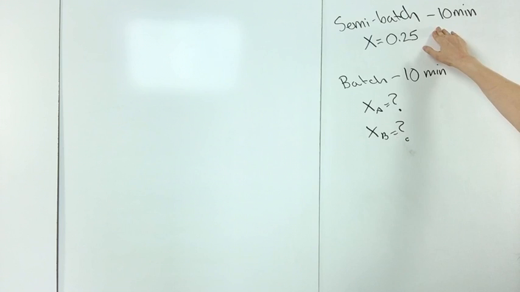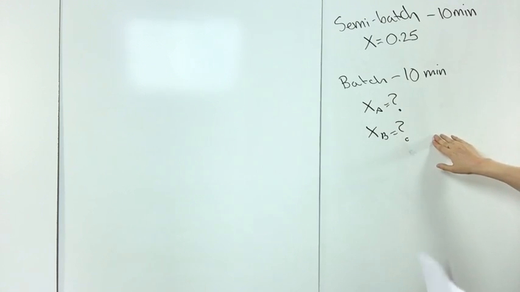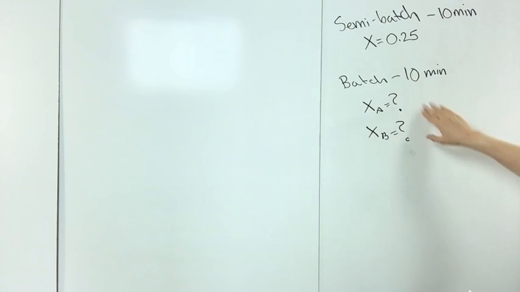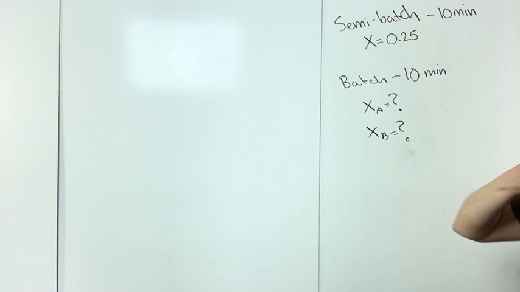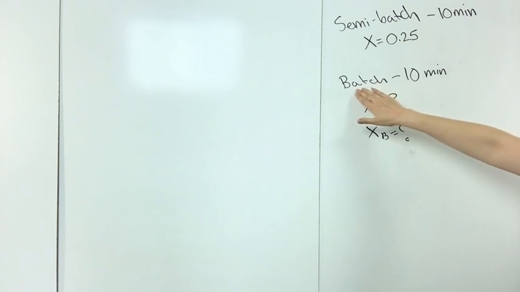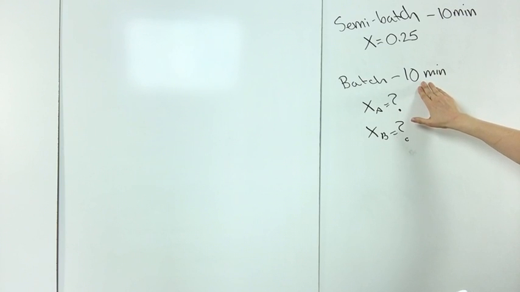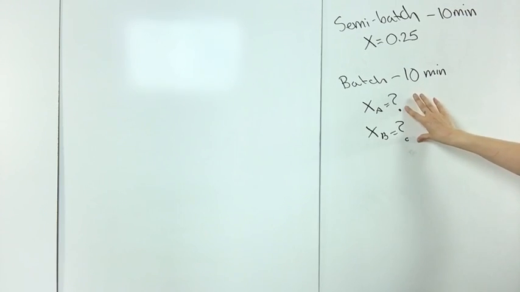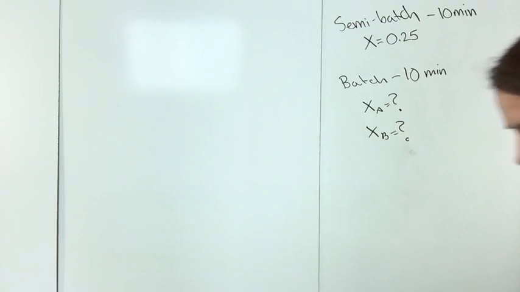So you know what you started with, and you can calculate what you end with, and then you should be able to calculate these overall conversions, because the conversion that you have in the batch reactor is not this overall conversion, because you already had some conversion before that started.